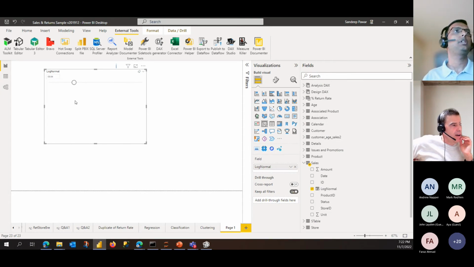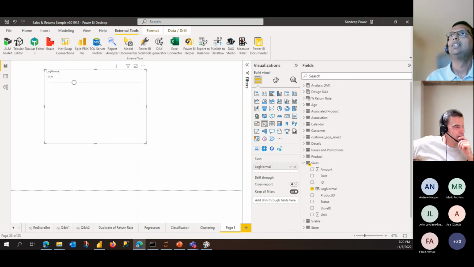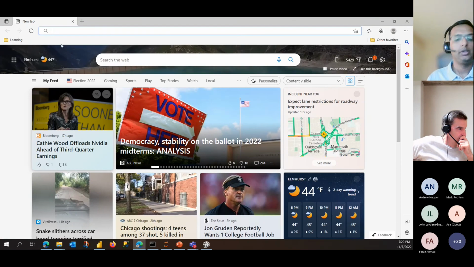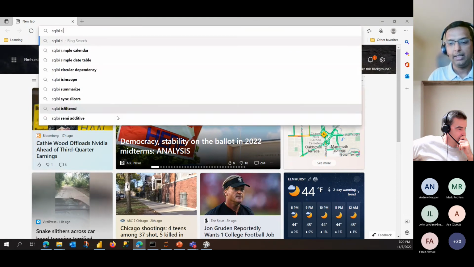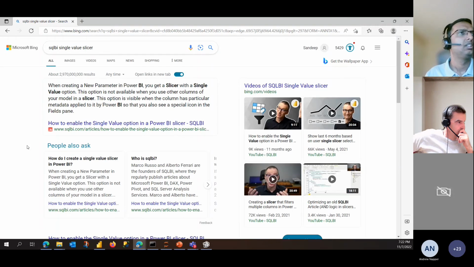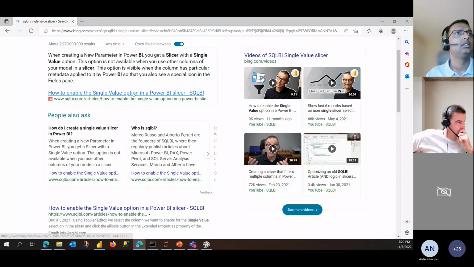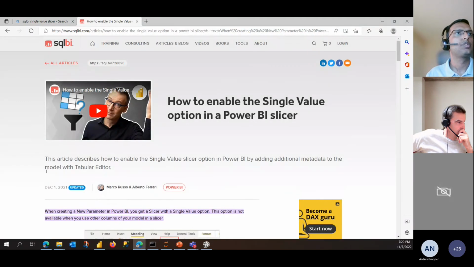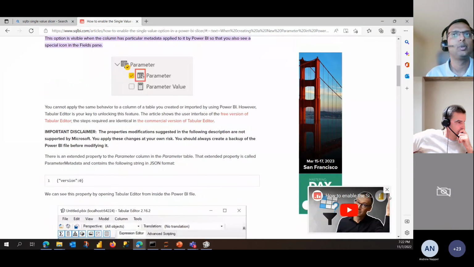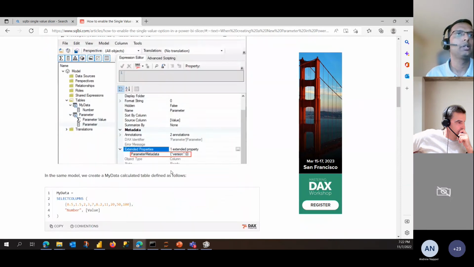And what does this property do? Is that documented somewhere? So if you go to SQLBI and look up single value slicer, the fine folks, the two Italians, have written about it.